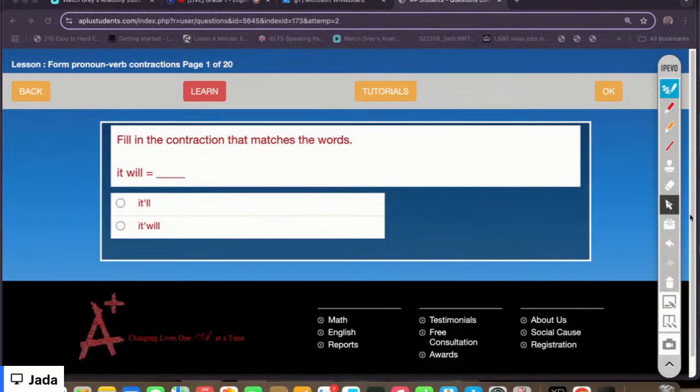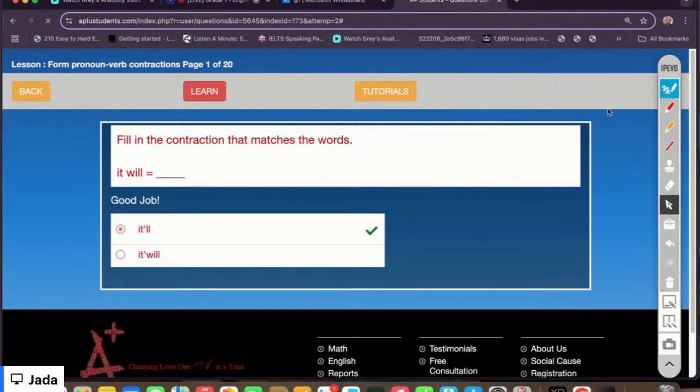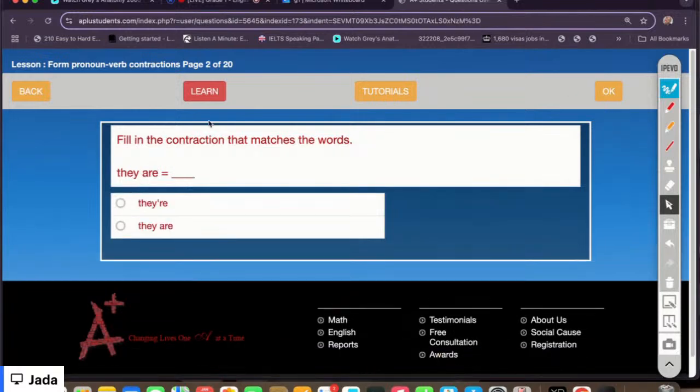So what's the right contraction for it will? Share with me your answers. So option one. Okay, what about they are? What's the right one for they are?